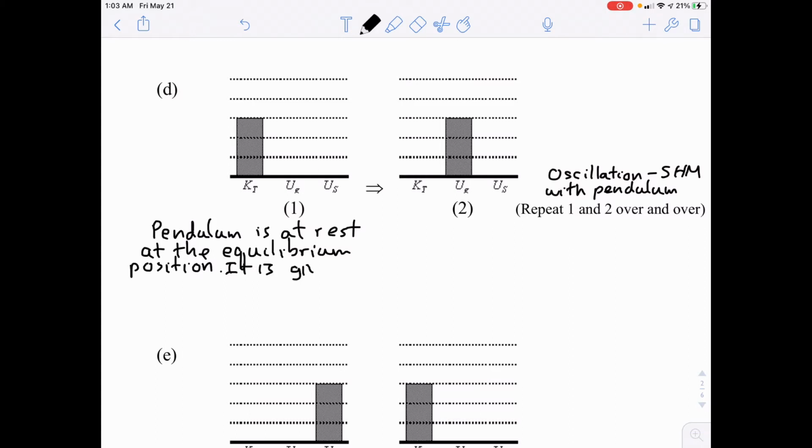It is given a push, right? How do we know this? Because of the initial kinetic energy. And swings upward.